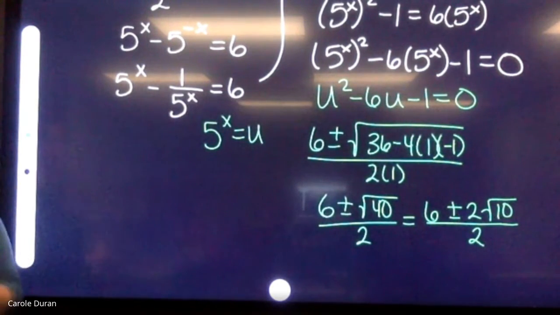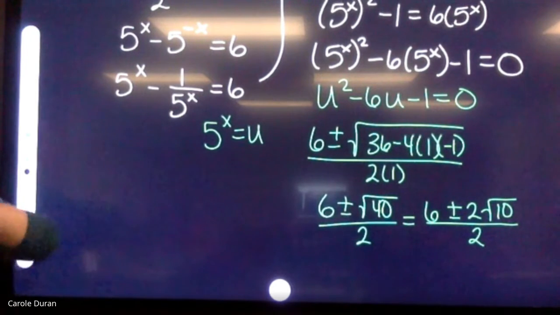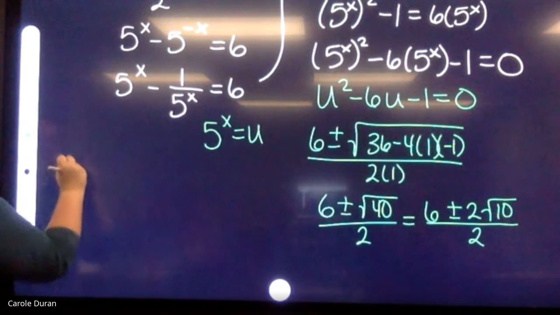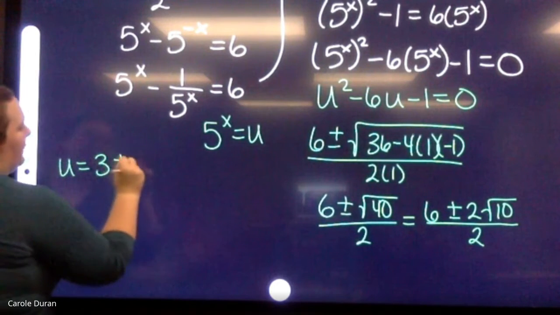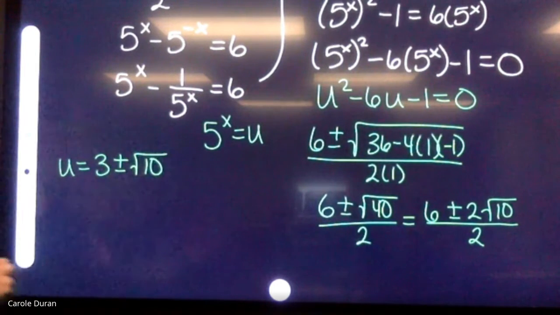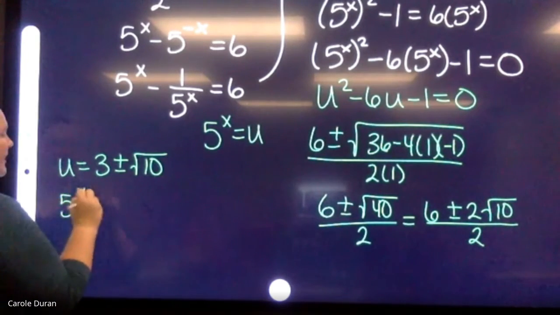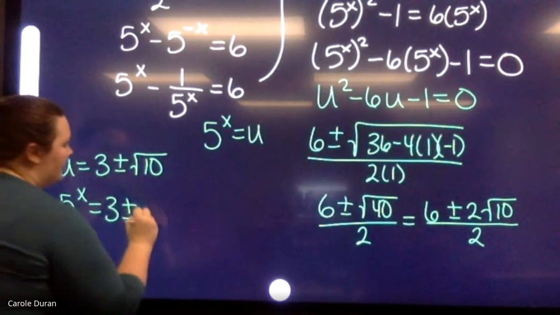Now what do I notice? I can take a 2 out of all of that. So I get u equals 3 plus or minus the square root of 10. But did I originally have a u in there? No. What was it originally? 5 to the x. So I actually have 5 to the x equals 3 plus or minus the square root of 10.